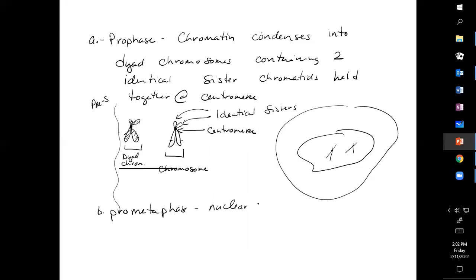The nuclear membrane dissolves. And specialized microtubules called spindle fibers attach to specialized protein structures at the centromere called kinetochores.